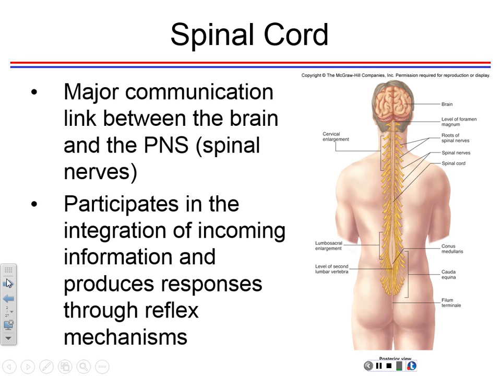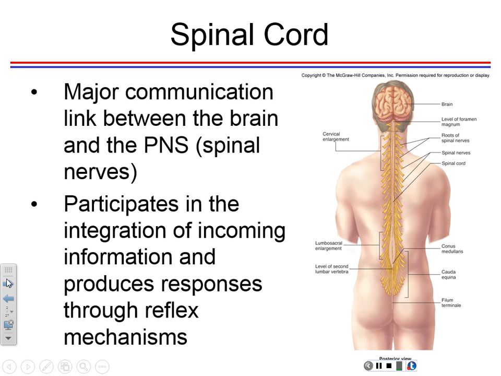It participates in a little bit of integration and a little bit of processing of reflexes that happen automatically. There could be some somatic ones, usually concerned with removing body parts from painful stimuli, or it could be automatic, controlled by the autonomic nervous system.